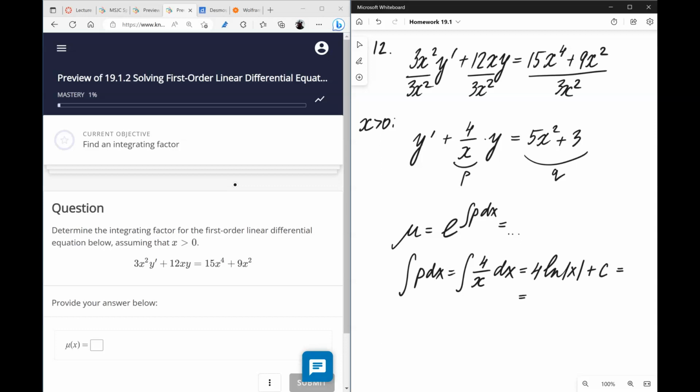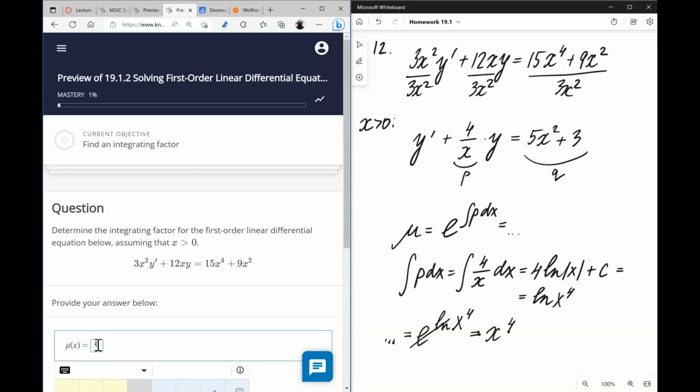But again, we always choose c to be equal to 0, so after you bring 4 inside, you get the following. So now that we continue the formula for the integrating factor, we get e to the power ln x to the power 4, and after e and ln cancel each other, we only have x to the power 4. So here's the answer.